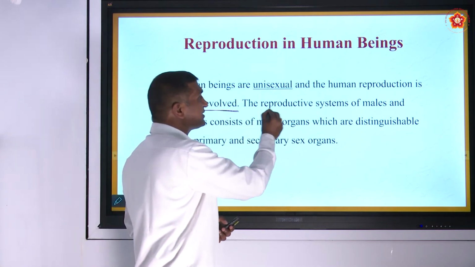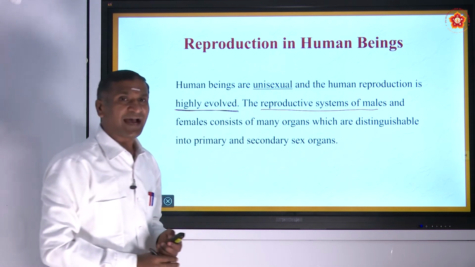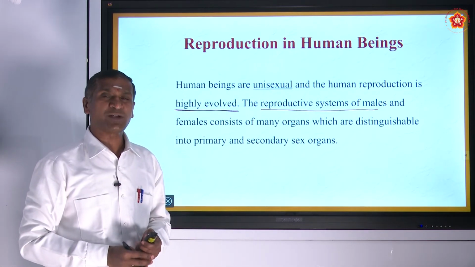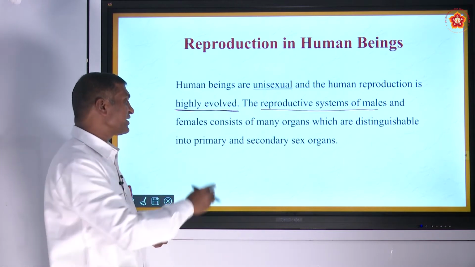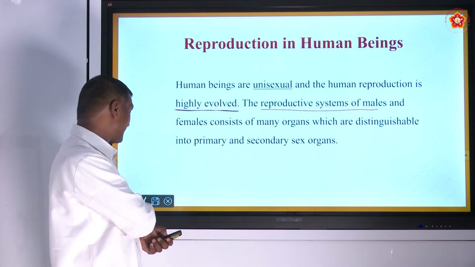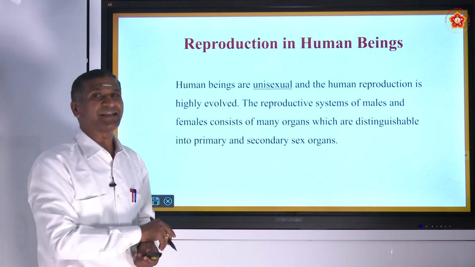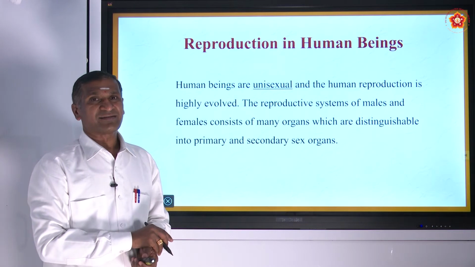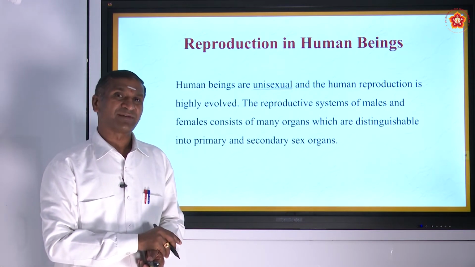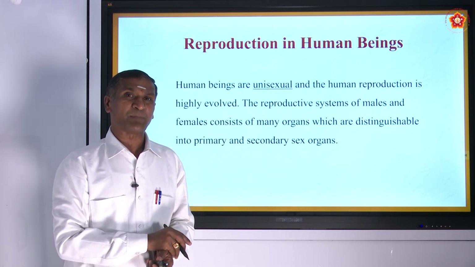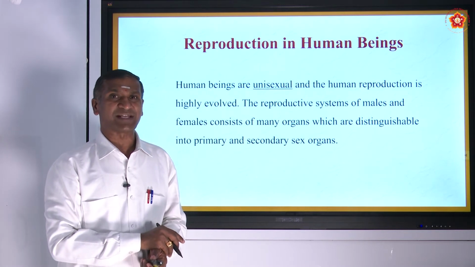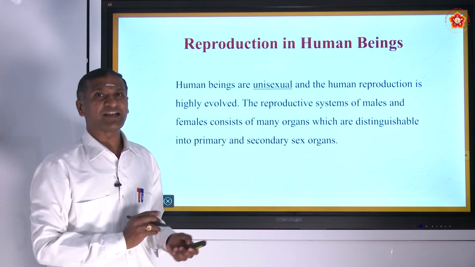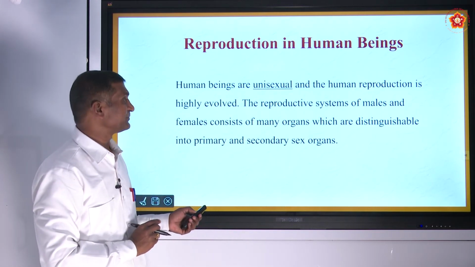The reproductive systems of males and females consist of many organs which are distinguishable into primary and secondary sex organs. Unisexual, with distinguishable primary and secondary sexual characters, sexual organs are there in the human reproductive system.